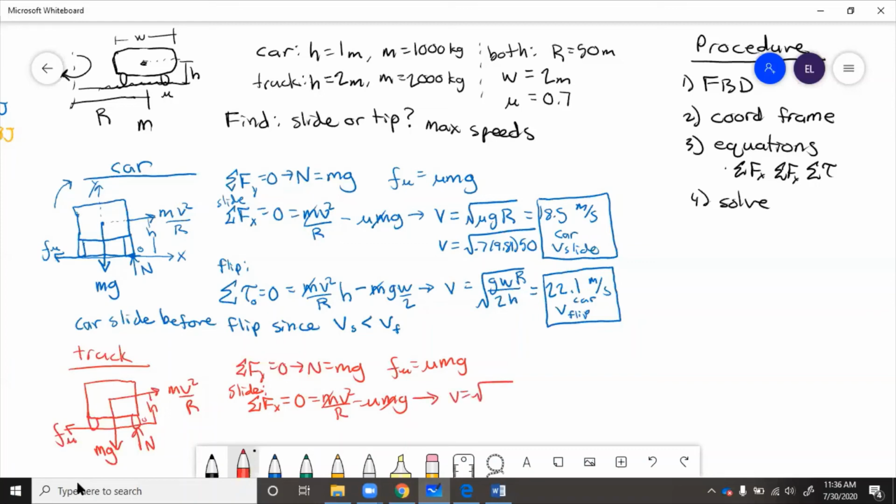V equals square root of mu g r. Well, look at this. The mass does not come into the picture, and height does not come into the picture for sliding, because we've done this before with particle stuff. So for the sliding, the size doesn't actually matter. The truck versus the car, then it will still be the same answer, 18.5 meters per second slide for the truck.